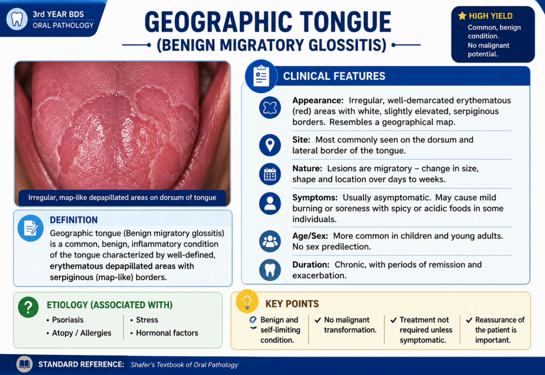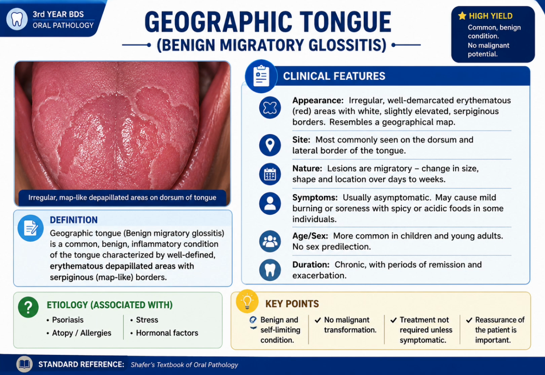Coming to the etiology, the main reason behind this migratory glossitis is unknown, and sometimes it can be due to stress or hormonal factors, or it can also be due to psoriasis. Clinically, it is asymptomatic, so no symptoms are shown by the geographical tongue.